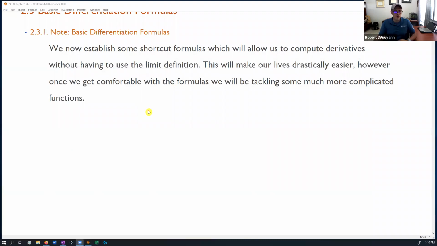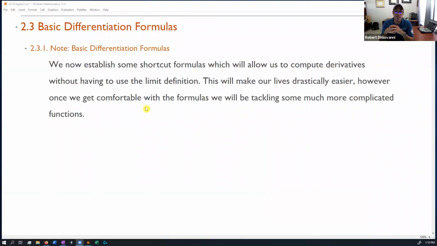So we are moving into chapter 2, section 3, basic differentiation formulas. Right now, we know that if someone gives us a function f of x, we should be able to find the slope of the tangent line so long as we can evaluate that limit.